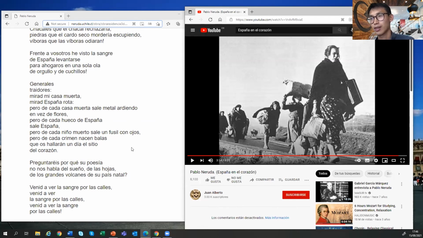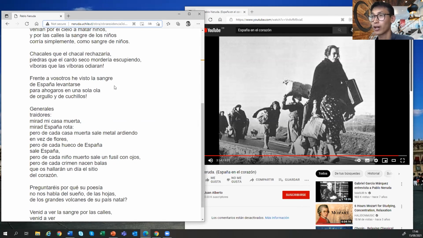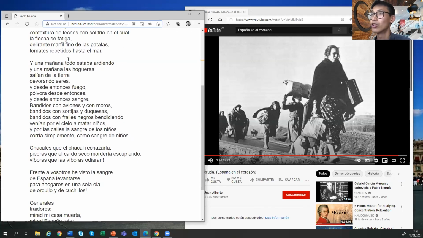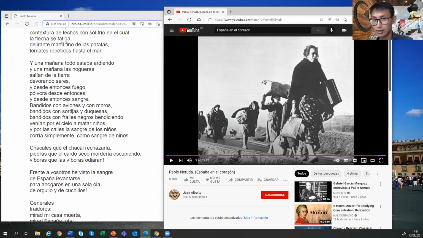This poem talks about the horror of the war. So a lot of blood, a lot of fires, a lot of deaths as well, of Spain, as we just saw. And so that is a very interesting and important part of the history of Spain.